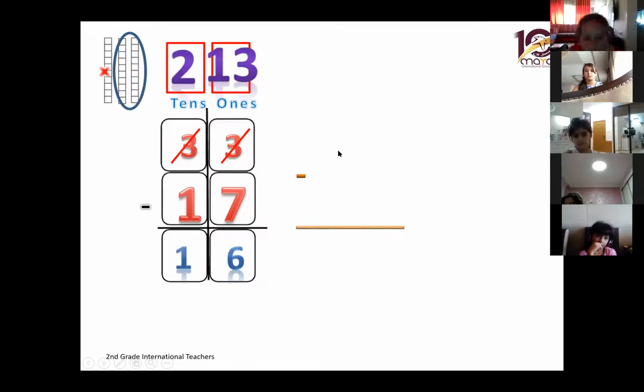Good job. So what is the number that we have now? 16. Good job. Thank you, Yasmin. So in this problem, we have regrouping. We had to regroup in this problem, okay?